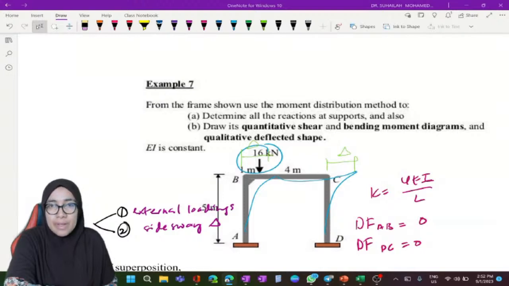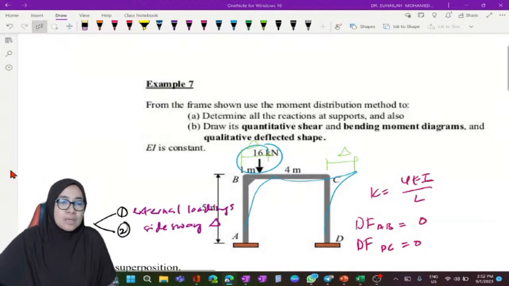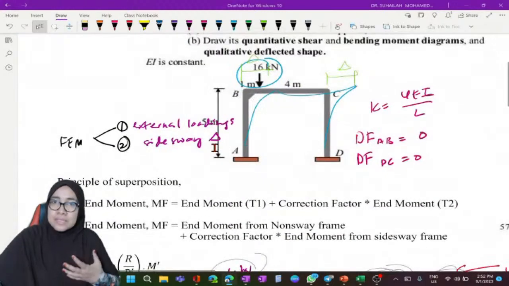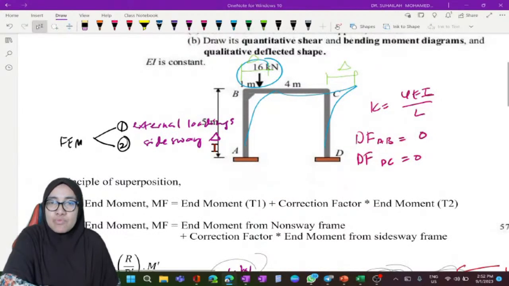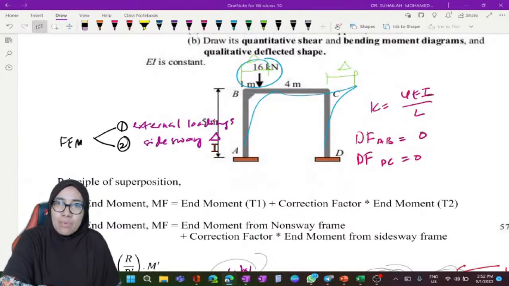This is a sidesway frame, and I have explained how we actually derive the final formula to calculate member end moment for a sidesway frame, because we have to consider two parts of analysis. We have to have the table. We calculate FEM due to external loading only, and we have to have another table because we cannot combine the FEM.